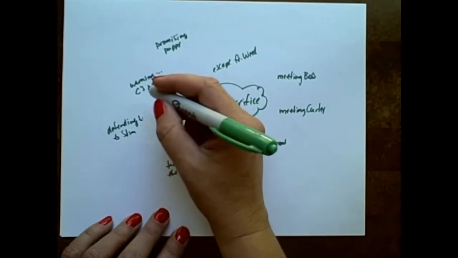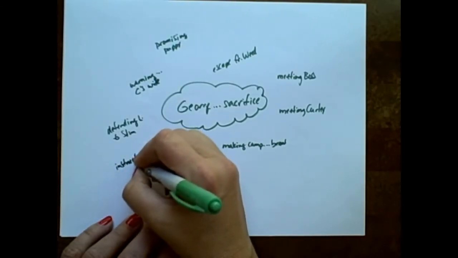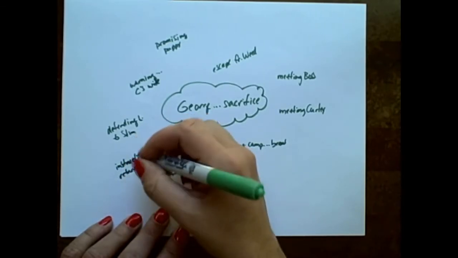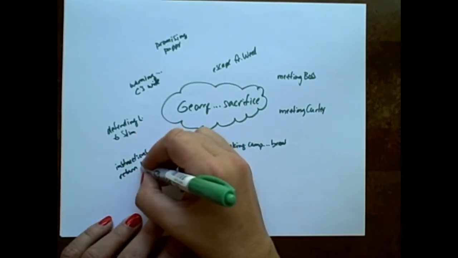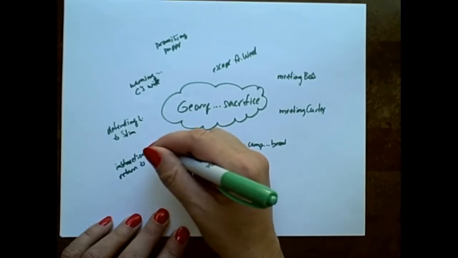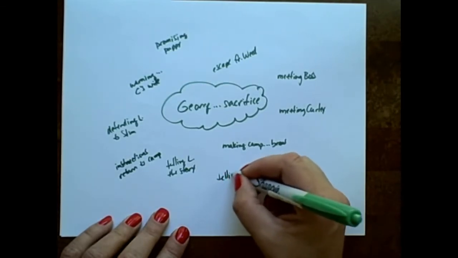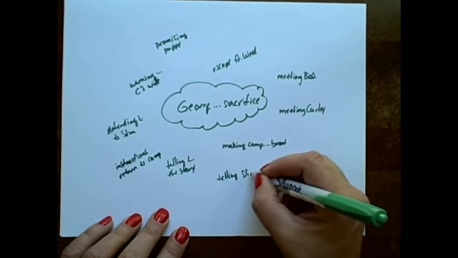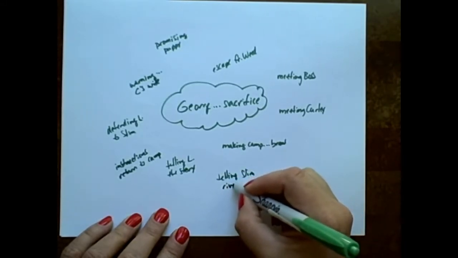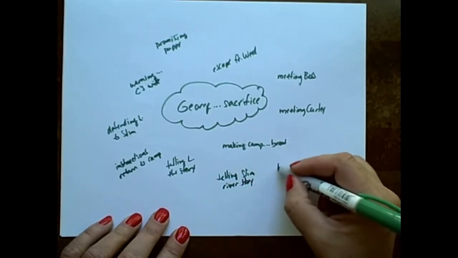Let's see. How about giving instructions about the return to their campsite? How about telling Slim the river story when he told Lenny to jump in the river? How about killing Lenny?